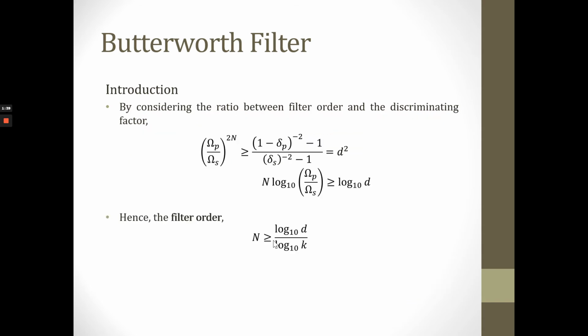By considering the ratio between filter order and the discriminating factor, we have passband ω divided by stopband ω with the power of 2n equal to or larger than (1 minus δP) with the power of negative 2, minus 1, divided by δS with the power of negative 2, minus 1, which is equal to D squared, the discrimination factor.